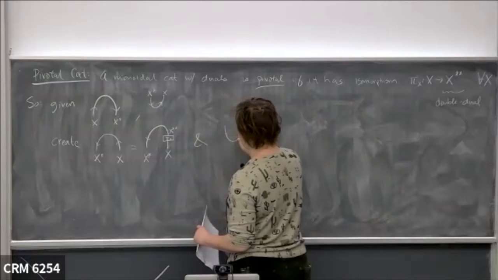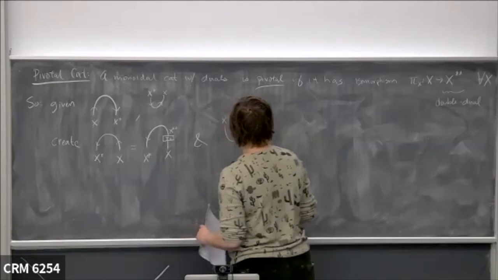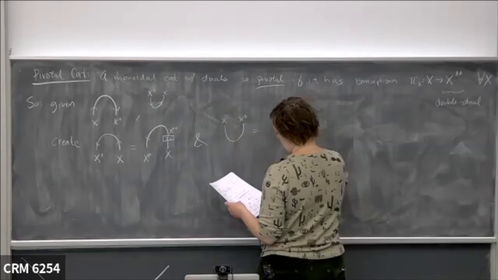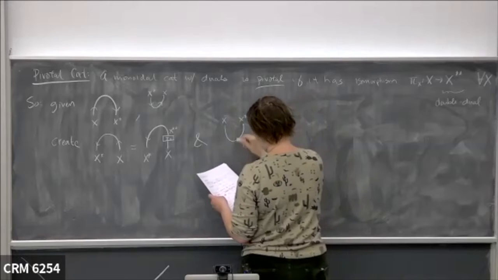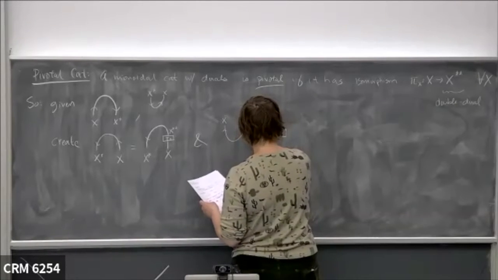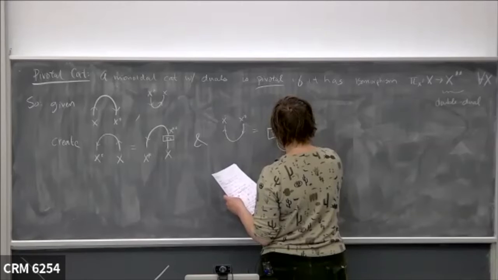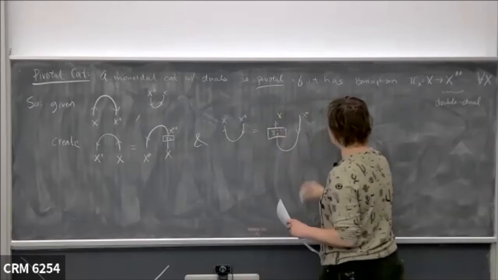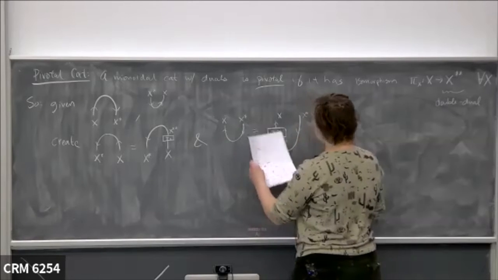Okay, and similarly, which cap are we missing? We're missing this. And so we create this by putting pi inverse in this spot, going from here, x double dual back to x.